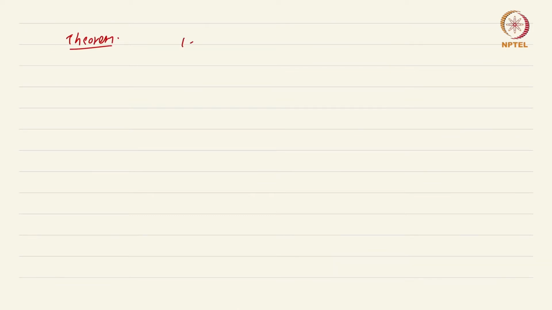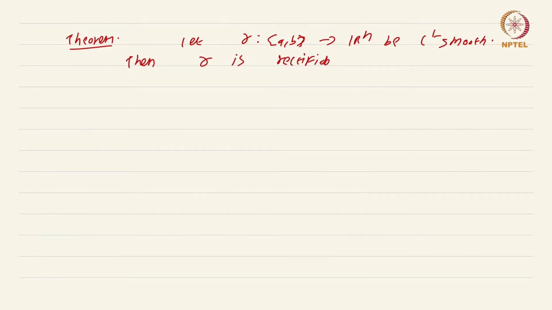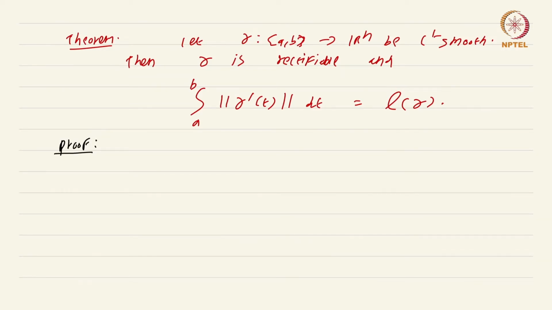Let gamma from [a, b] to Rn be C1 smooth, then gamma is rectifiable and integral a to b norm gamma prime of t dt is the length of gamma. Okay, so the physicist intuition is absolutely correct in this regard.